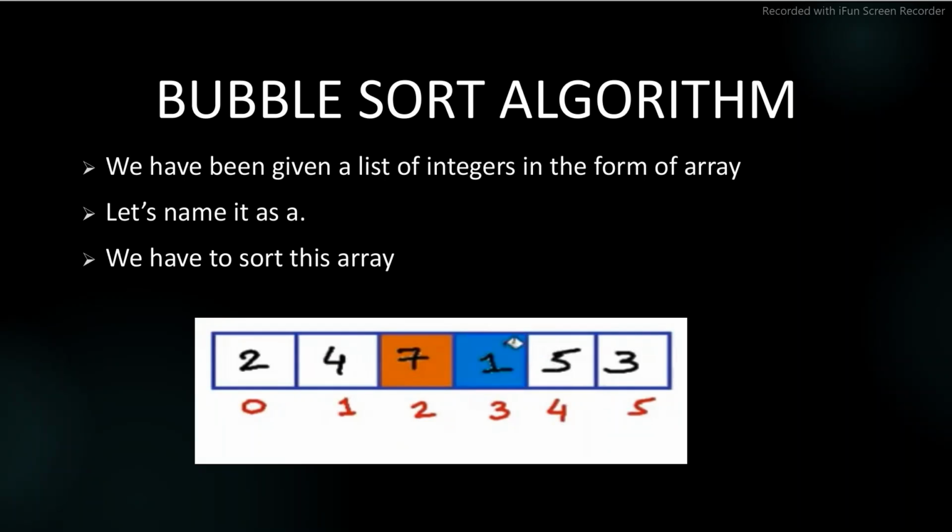Now the number at index 2 is 7, and once again we compare it with the next element, that is 1. 7 is greater than 1, so we swap, and now we move to index 3. At index 3 we have 7, so we compare it with 5 and need to swap again. On swapping, 7 will go to index 4 and 5 will go to index 3.